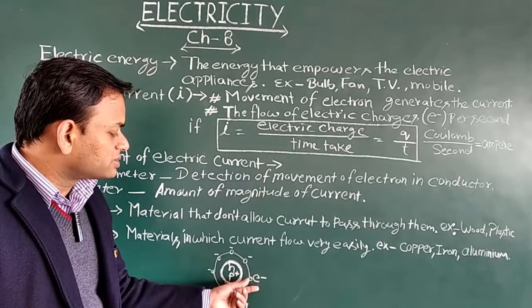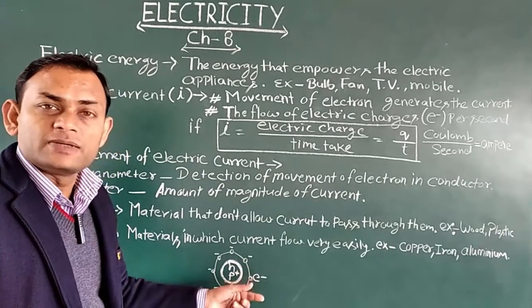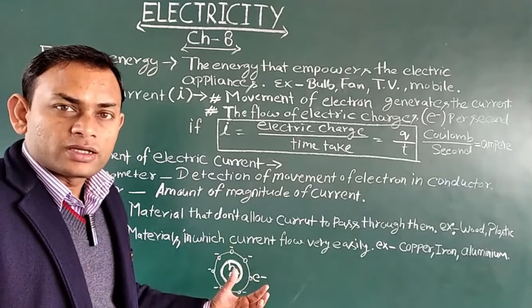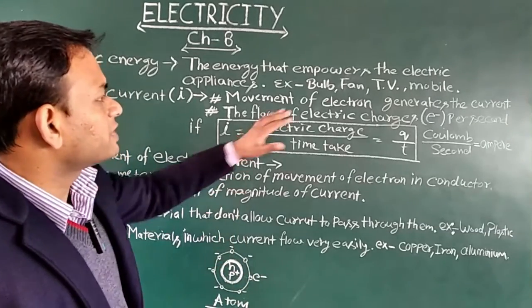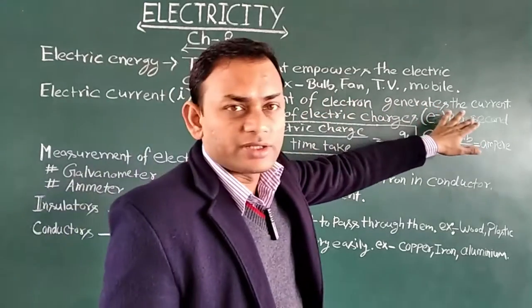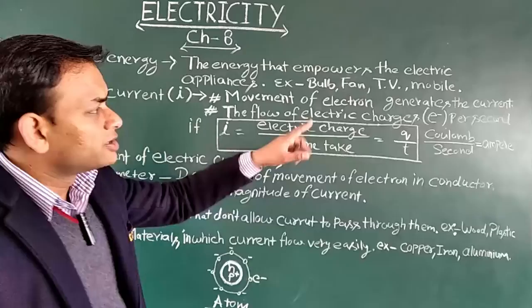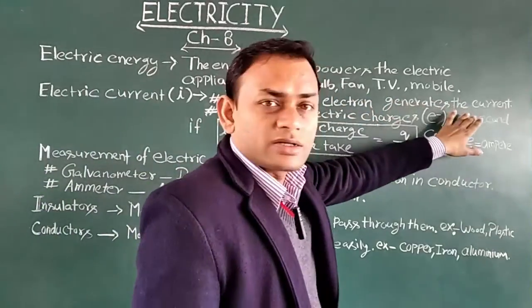Thus the electrons start moving freely within the conductor, that is, the wire. So the movement of the electron within the conductor generates the current.